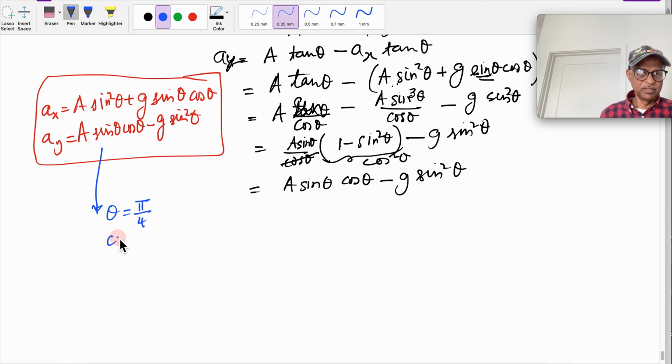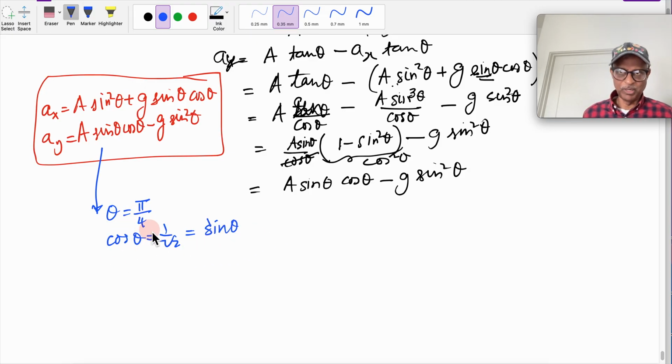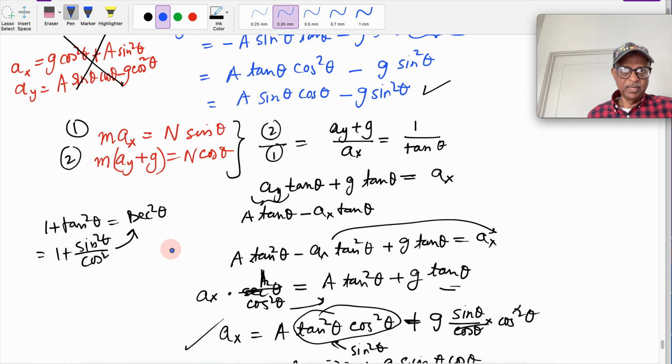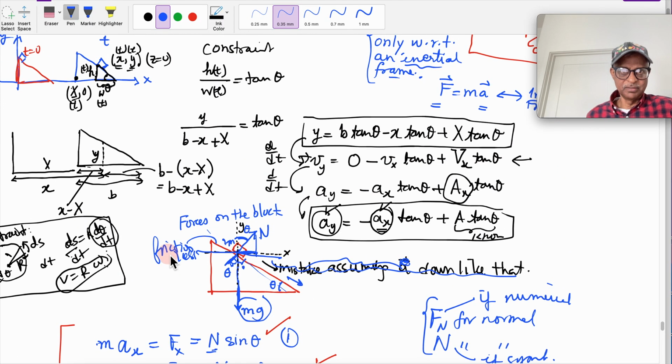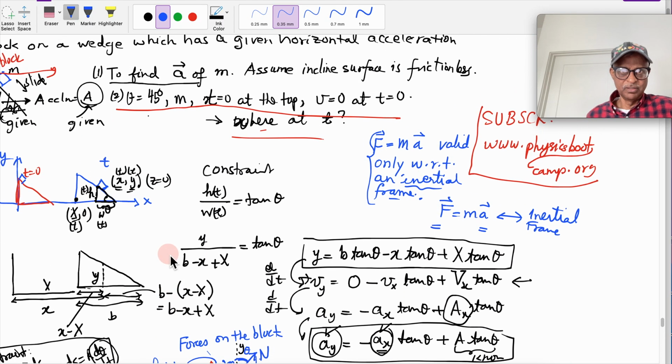That means cosine theta is 1 over square root 2, as is sine theta. That's why I didn't catch the mistake, because the angle I worked with was pi over 4 and they're all kind of the same. Also, I took A as a convenient number, so everything is nice and simple later on.